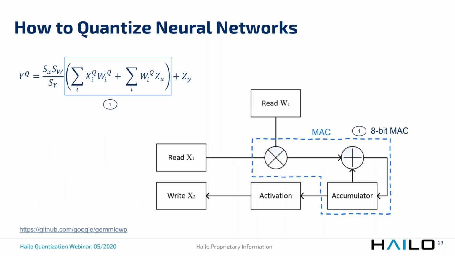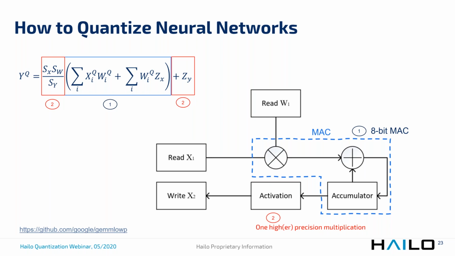So the first thing you see is that by doing this conversion, now everything within this sum is in the quantized domain. And that means that it can be implemented with an 8-bit MAC. That's great. That's what we wanted. But we also have on the left side this scaling factor, which is not represented by an integer, right?